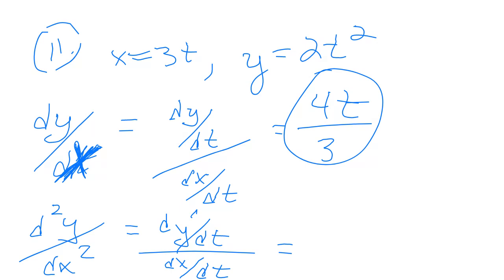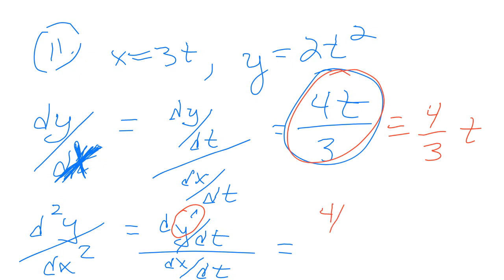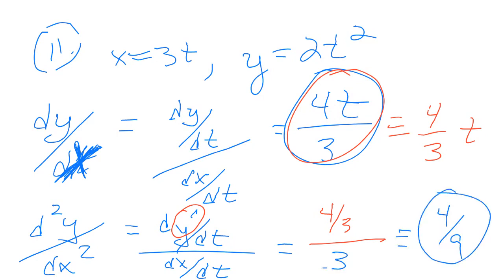The derivative of y prime with respect to t: y prime is 4/3 t, so the derivative of that with respect to t is 4/3, all over dx/dt, which is 3, just like before. 4/3 times 1/3 is 4/9.